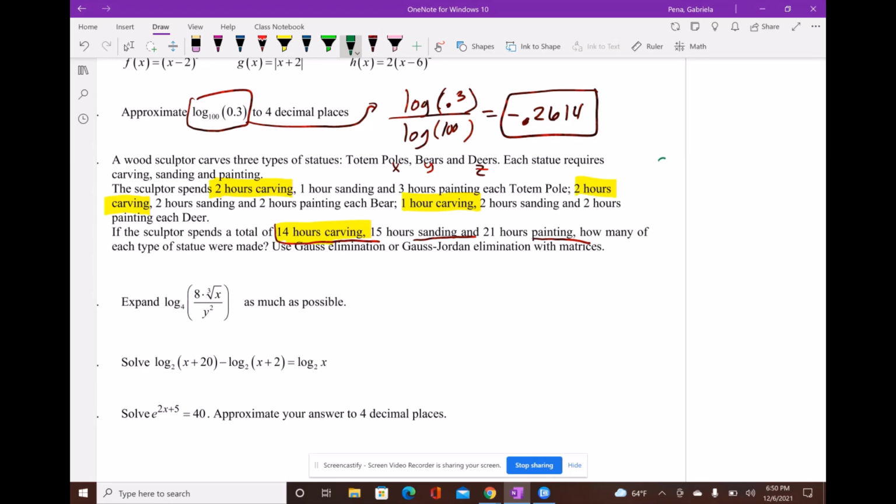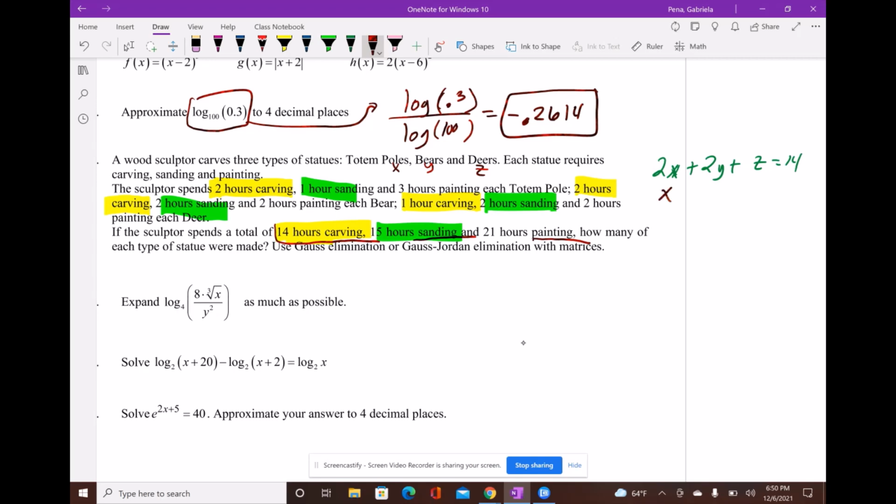So we have 2x plus 2y plus 1z equals 14. 2 hours for the pole, 2 hours for the bear, 1 hour for the deer equals 14 hours of carving. And then I'm going to do another 1 hour sanding, 2 hours sanding, 2 hours sanding, and that should equal.